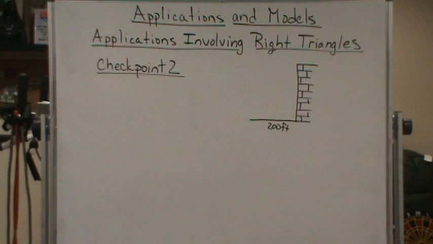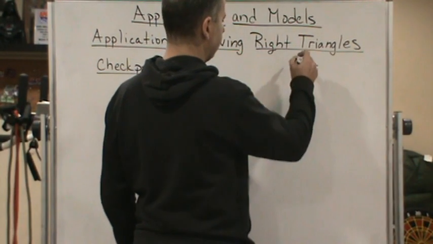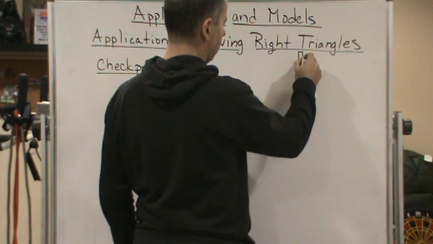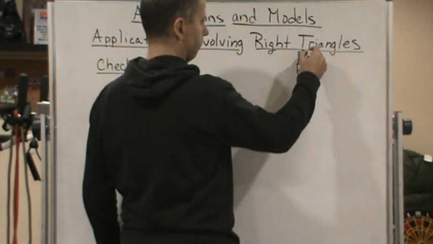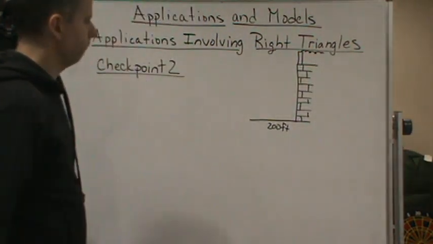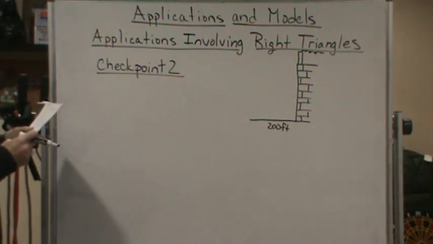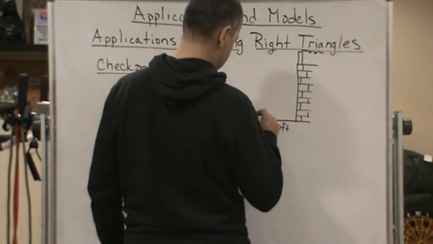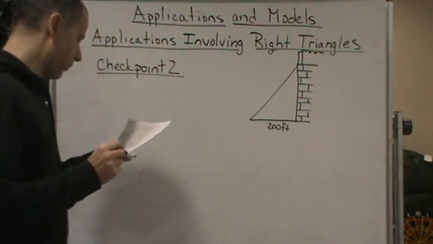Okay, so the smokestack is, let's say, right here. So there's our smokestack. And it says that the angle of elevation to the bottom of the smokestack, so we'll draw that, is 35 degrees.